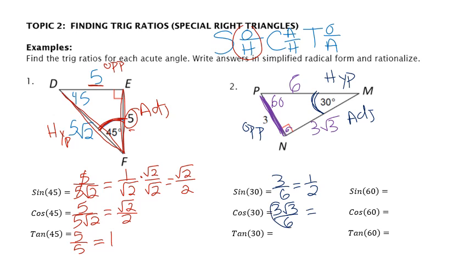And then I can reduce and get root 3 over 2. And then tangent would be 3 over 3 radical 3, which is, if I reduce, 1 over radical 3. Or if I rationalize it, I would get root 3 over 3.